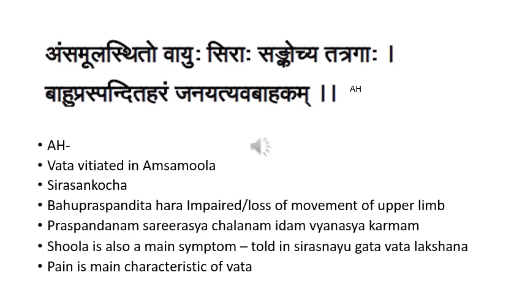Shula is present since the condition is Sira gata vata or Snayu gata vata, so we see Sira gata or Snayu gata vata lakshanas. Shula is a main symptom, present along with bahu praspandita hara. Also, pain is a main characteristic of Vata dushti.